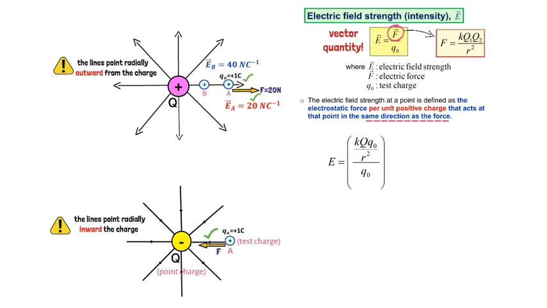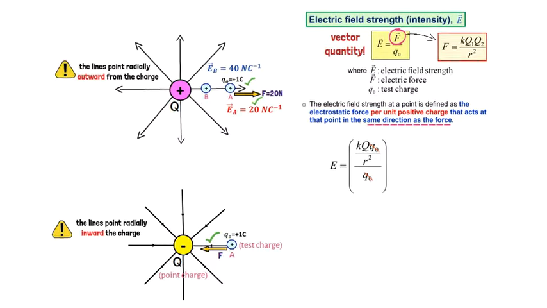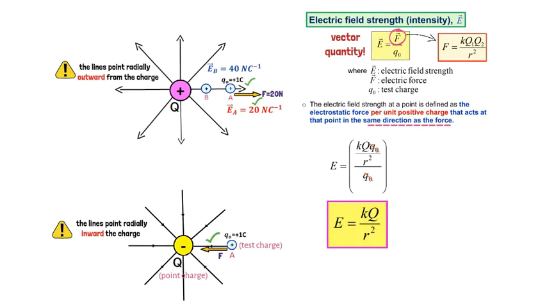So when we try to substitute the formula of F, which is kQQ0 over r squared, so actually here we can cancel Q0, and finally another equation for electric field strength is equal to kQ over r squared.